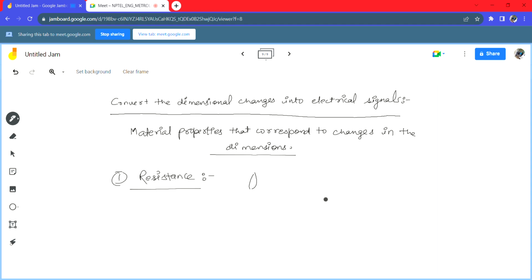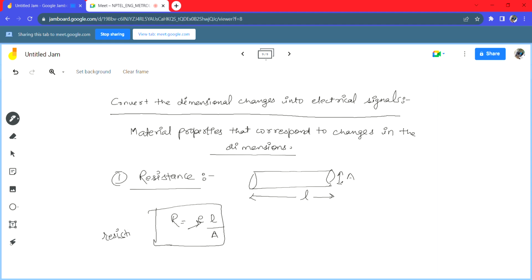If I have a cylindrical cross section like this, which has a cross sectional area of A and length L, I can define the resistance R of this length to be rho L upon A. Where this rho is the material property called resistivity, which depends on material to material.